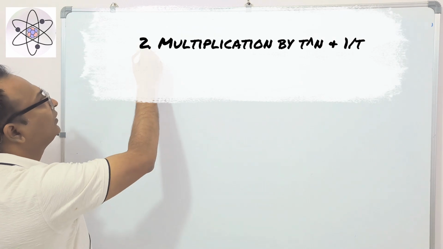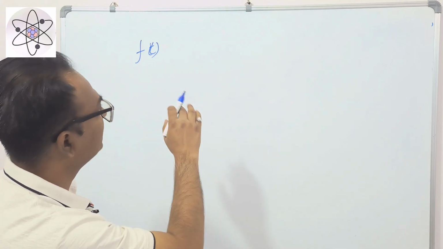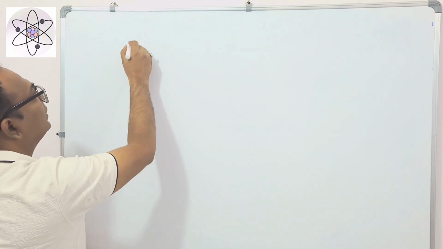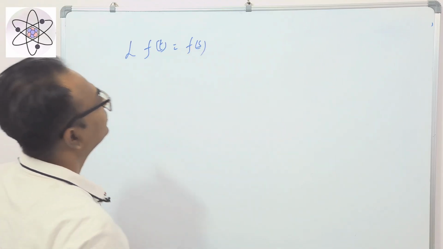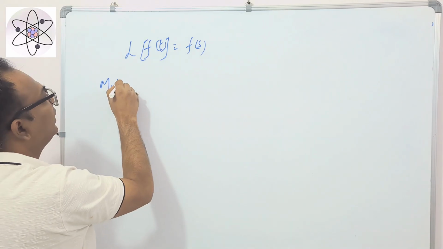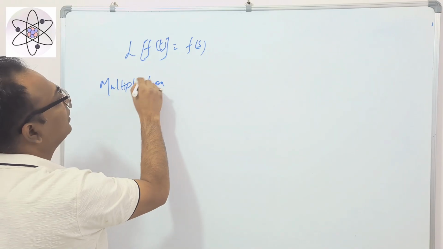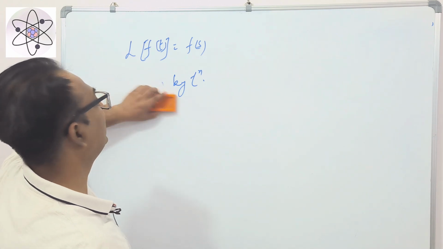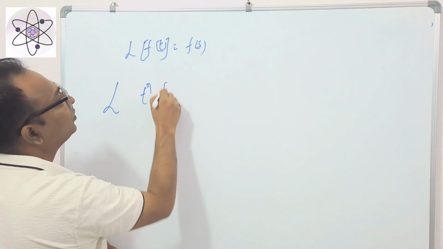Let's say we have a function of t. We know that the Laplace transform of f(t) is F(s), the standard notation. What we want to know is multiplication by t to the power n. What if we have to find the Laplace transform of t to the power n into f(t)?